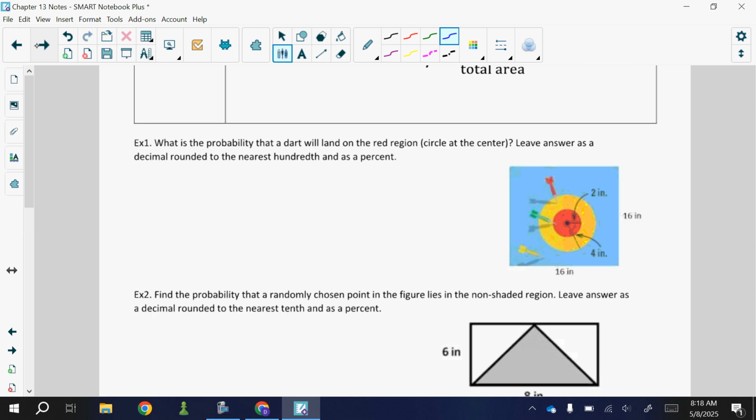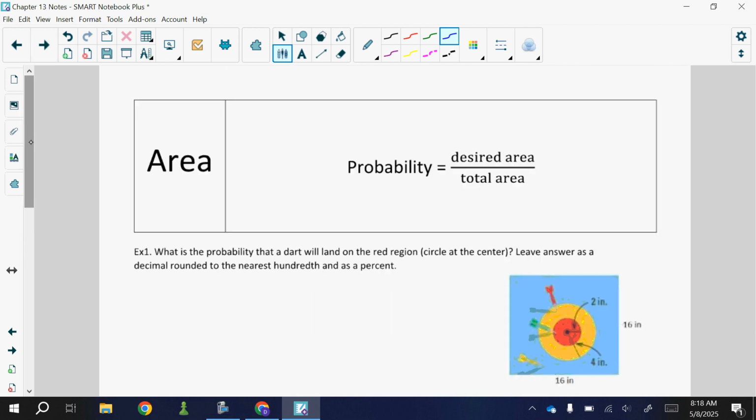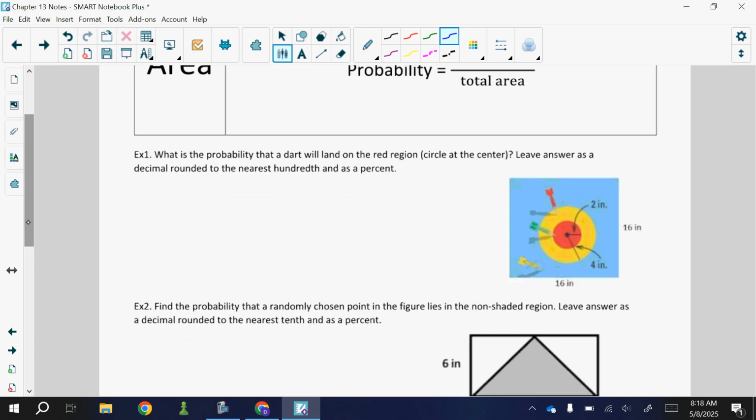Let's go ahead and go to a different type. For area, really the same thing, just desired area over total area. So example 1 says, what is the probability a dart will land on the red region?